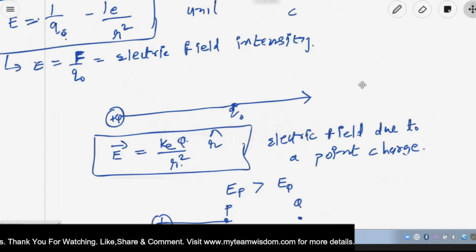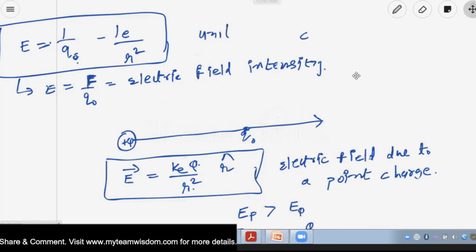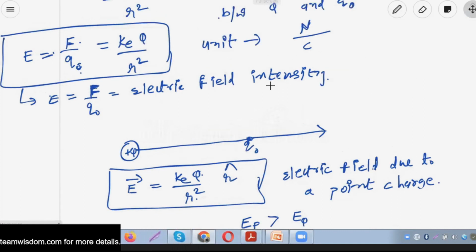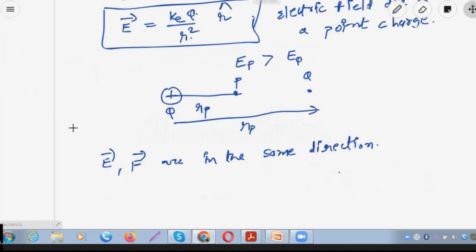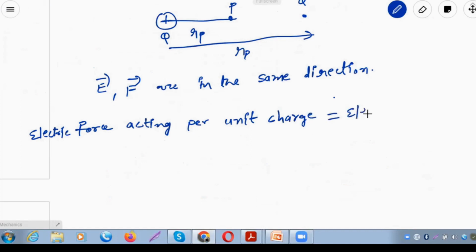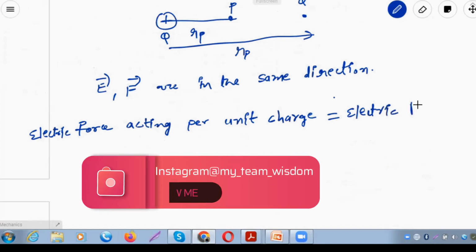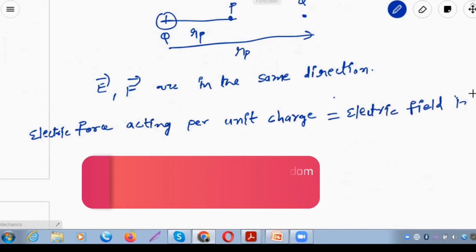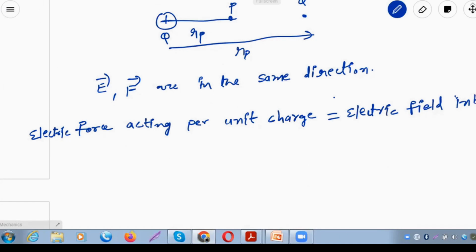So the electric force acting per unit charge is called electric field intensity.